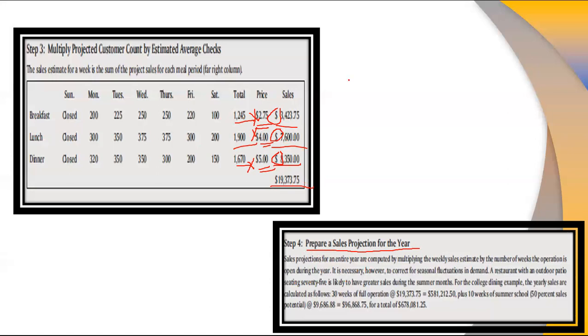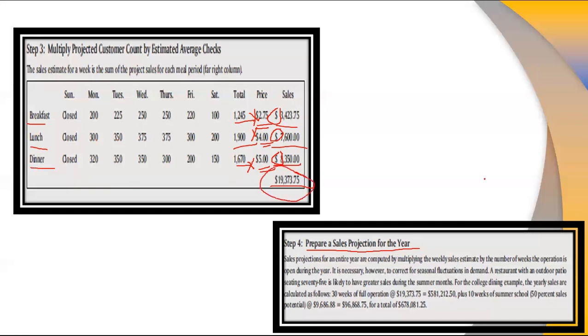As we have discussed earlier, we are able to get the weekly sales by getting the product of the total customer count for a week, multiplied by the average check. And then of course we need to consider the meal periods. And this is how we get the total.